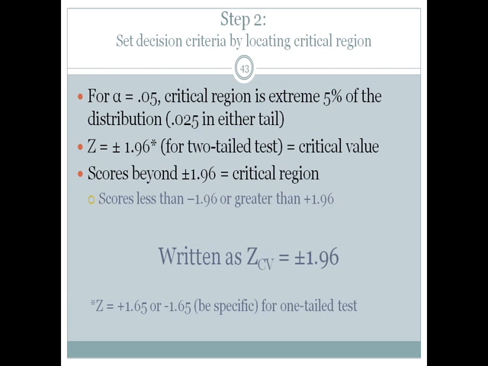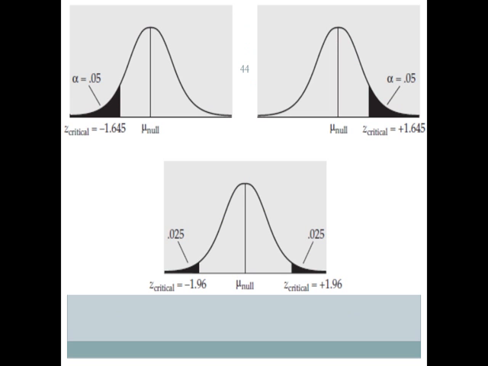We can look this up in the back of the book under the table for the probability for z-scores. We are not using a one-tailed test, which is the top 2 pictures in this slide. We're using a two-tailed test, and we can look up and see that the bottom 2.5% and the top 2.5% of the distribution, the cutoff point for these is plus or minus 1.96.